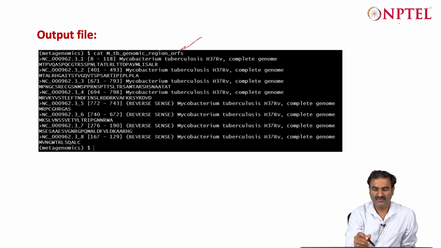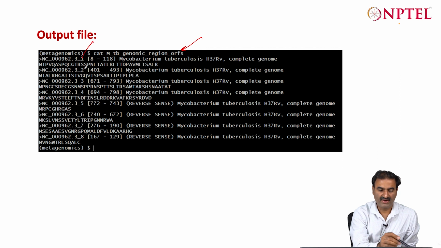So this is the output file that was made in the previous program, and you can see that for this sequence, this is one ORF from 8 to 118, and in this file another ORF. So ORF number 1, ORF number 2, 3, 4, 5, 6, it has found multiple, starting from this location to this location, like 401 to 493, 671.